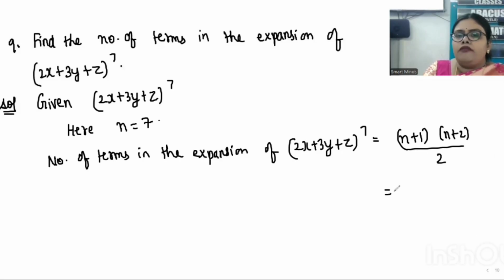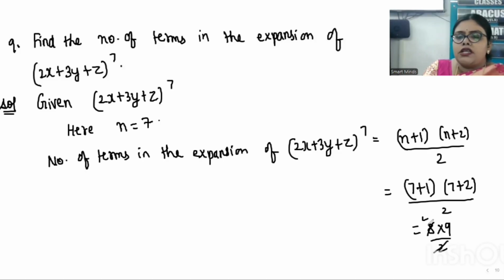This is the formula if you have 3 terms in the bracket. So n is 7. So (7 plus 1) into (7 plus 2) by 2. That is 8 into 9 by 2. 2 ones are 2, 2 fours are 4, 4 nines are 36. So the number of terms you get is 36.